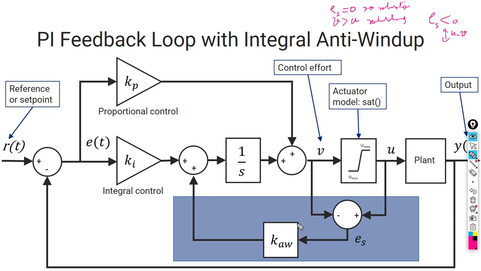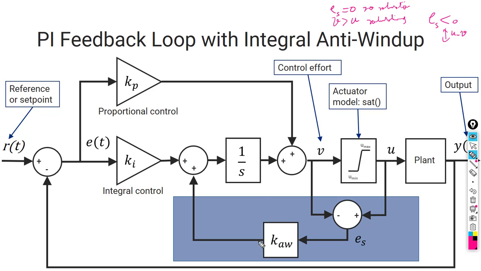It adjusts it in a way that improves my response. Because it's a negative value, at the end it's like a negative feedback. In some books you see positive and negative, and then they put a negative here. It's the same.